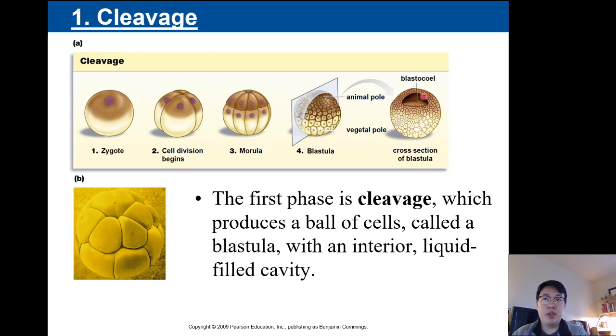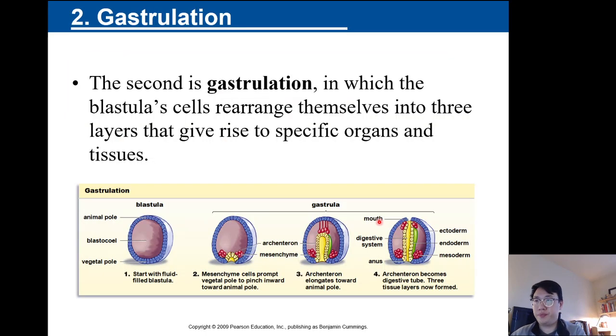But just know that in the animal pole, you're going to have a region called the blastocoel, something like that. And we'll talk a little bit more about that. So again, this is just a great visual representation of what happens inside the womb as the fertilized zygote cell begins to divide.